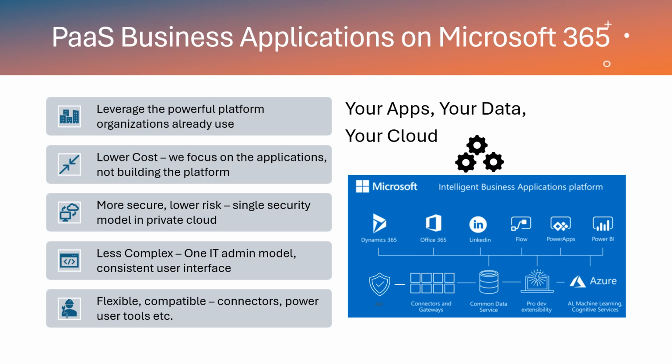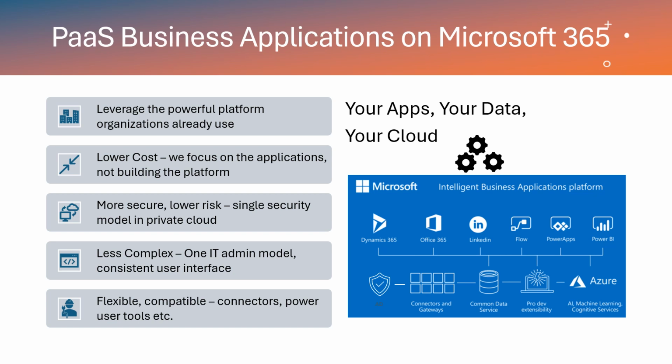Under the covers, key thing is you're using Active Directory as your security. It's got common connectors and gateways to hundreds of different applications. So even outside of, if you're using SaaS applications and so on, there may be gateways to it as well.